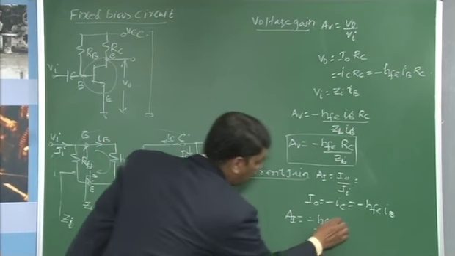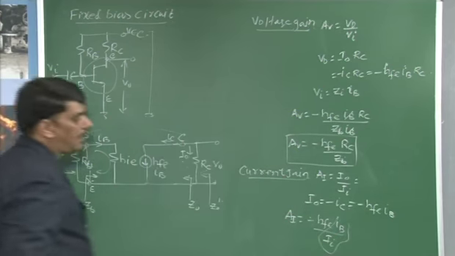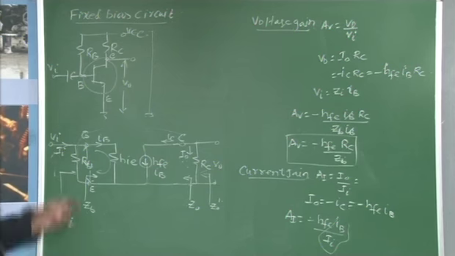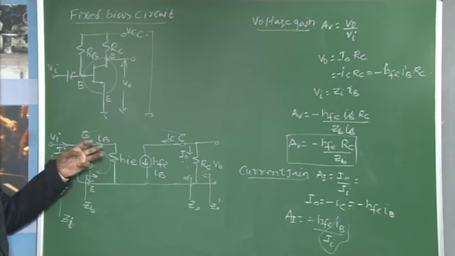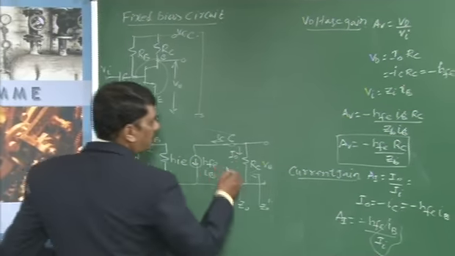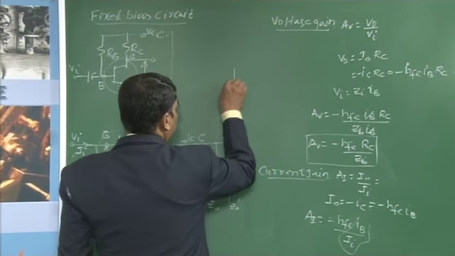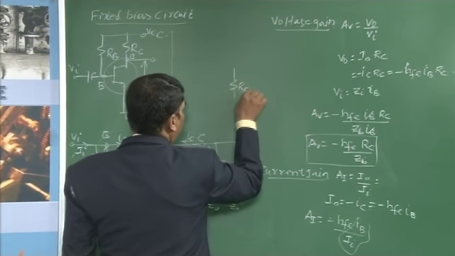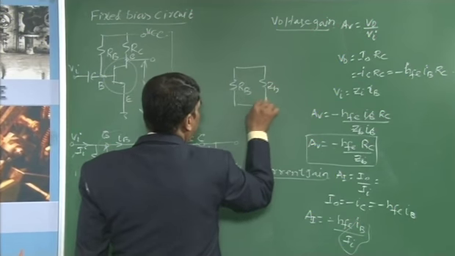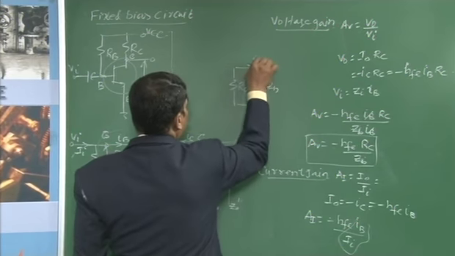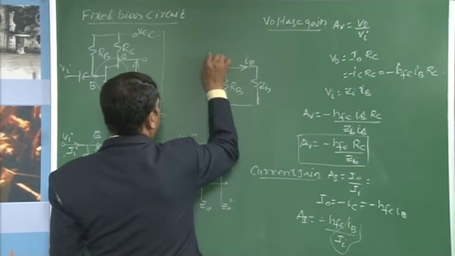Then what is this value? IB by II is nothing but the ratio of the base current to the input current at the input side. If you redraw this circuit, this is the resistance RB and this is the resistance ZB, with current IB flowing through this, and due to the input voltage, current II flowing through this.